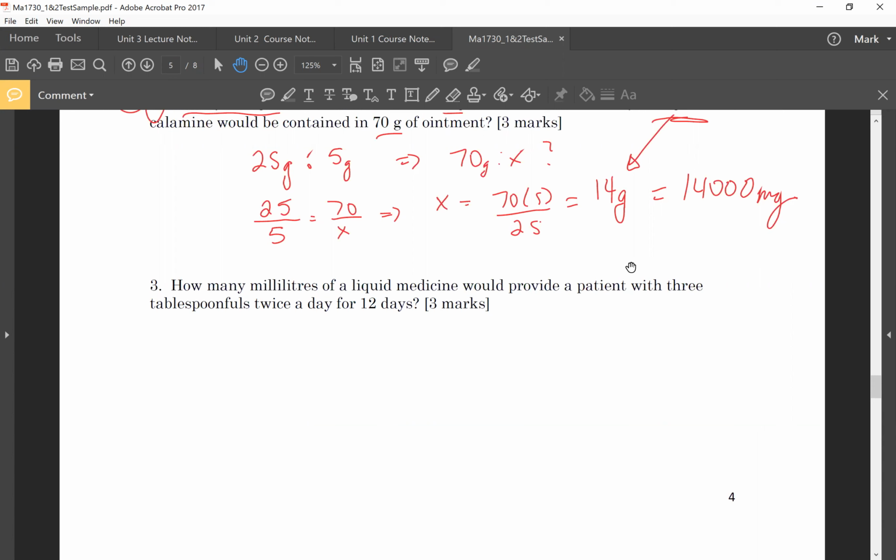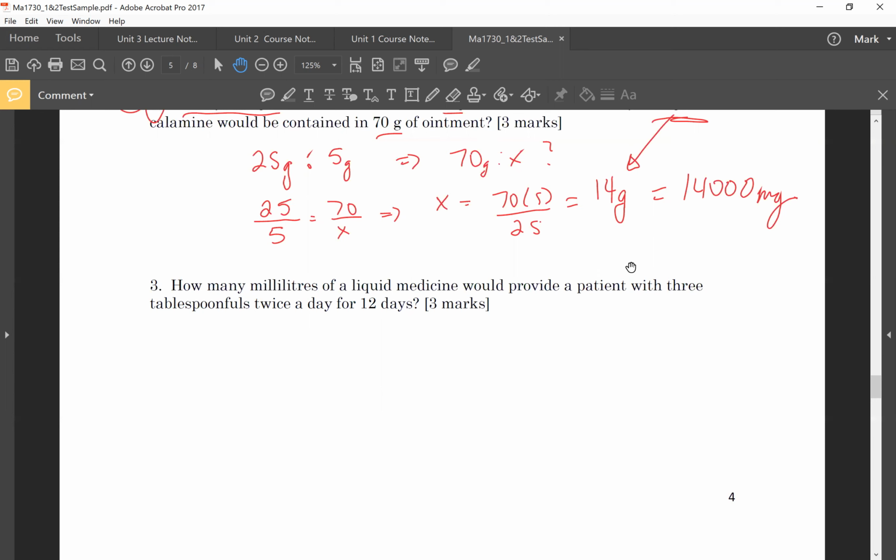So this one says, how many milliliters of liquid medicine would provide a patient with 3 tablespoons twice a day? Okay, so this is a good one. Oh, and we're doing it for 12 days. Okay, a couple of things to unpack here. We're looking for milliliters of medicine, but the measurement is given as tablespoons.